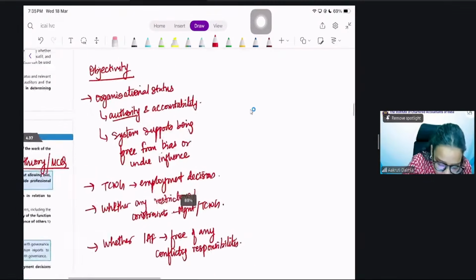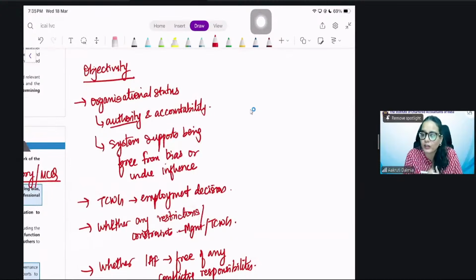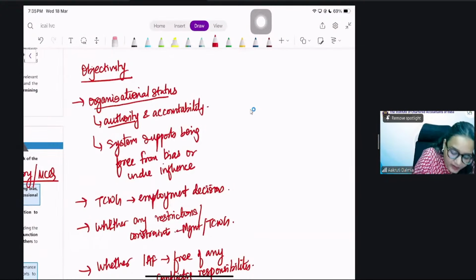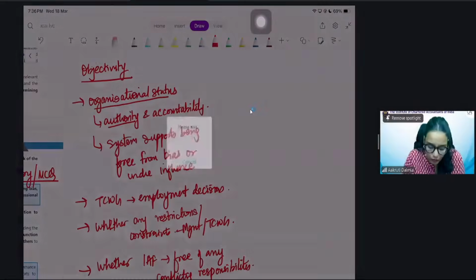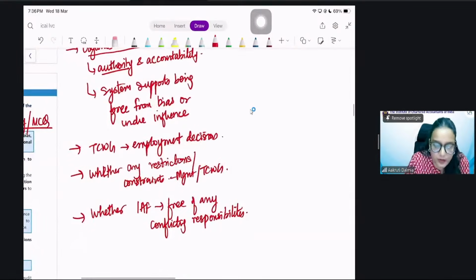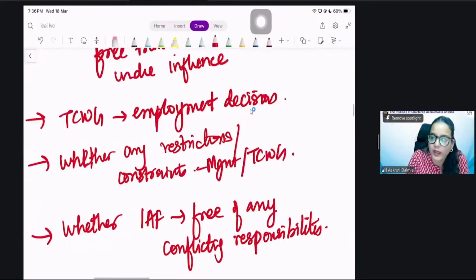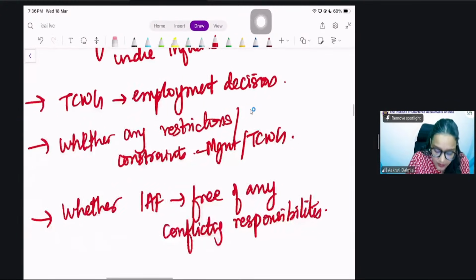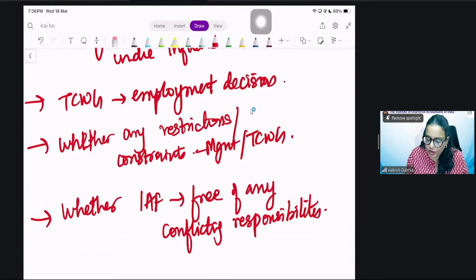So how to check whether the work of the internal auditor is objective? Check what is the organizational status of the internal audit function, whether there is any accountability and responsibility. Check if TCWG was involved in the employment decision. See whether any restrictions and constraints are there on the internal audit function by management, and whether the internal audit function is free from any conflicting responsibility.